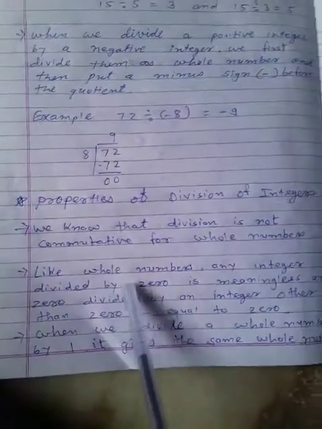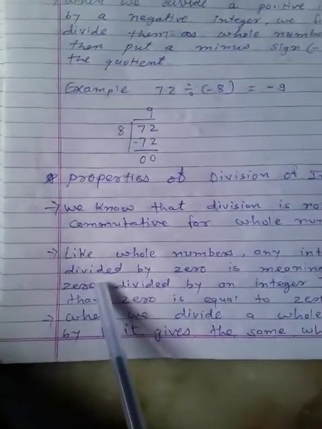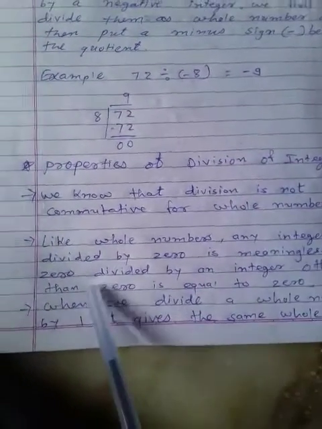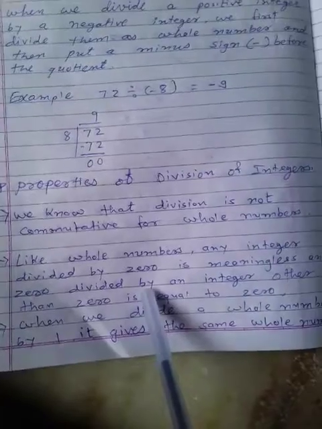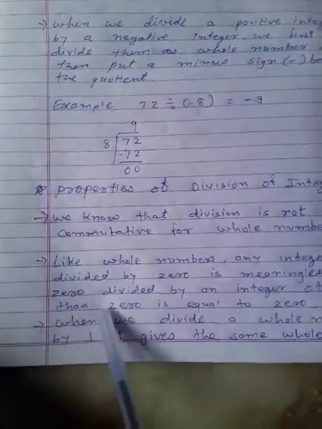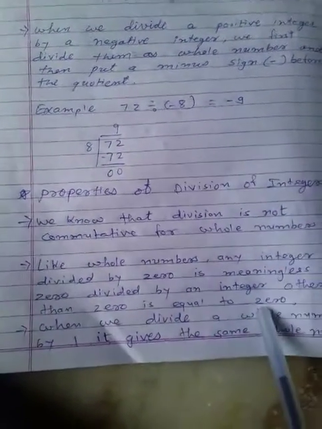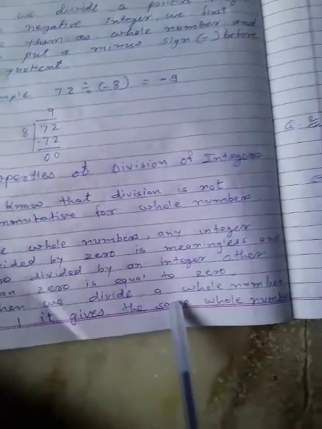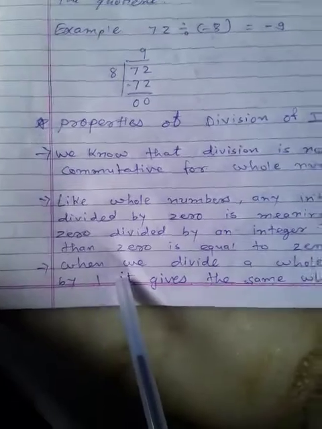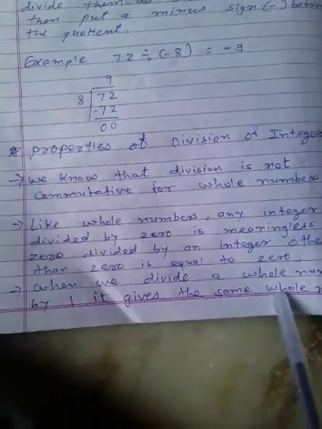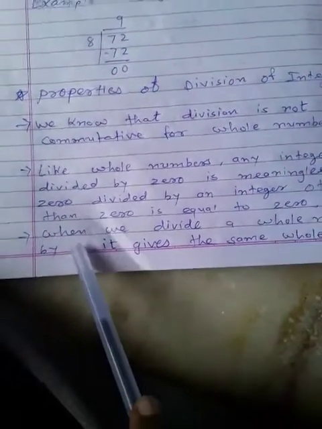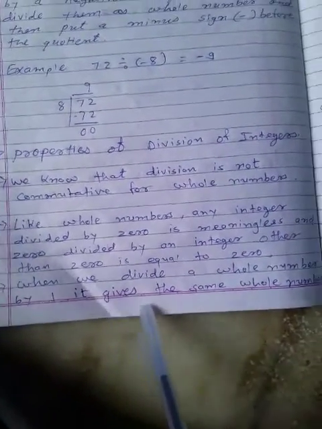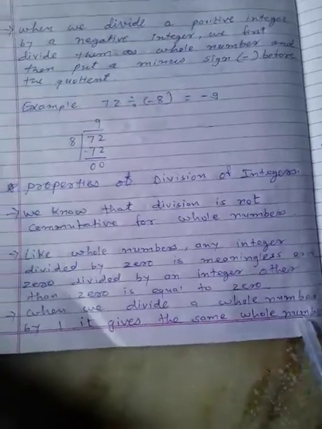Like whole numbers, any integer divided by 0 is meaningless, and 0 divided by an integer other than 0 is equal to 0. Okay, when we divide a whole number by 1, it gives the same whole number.